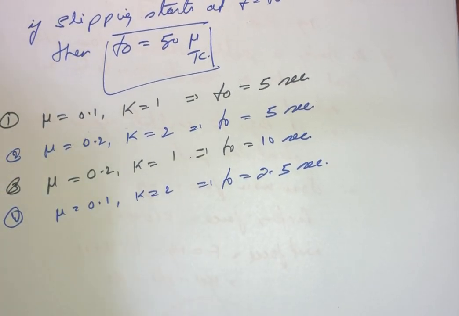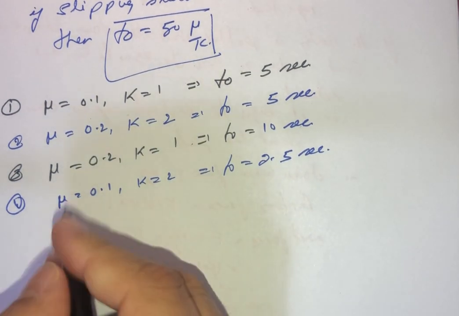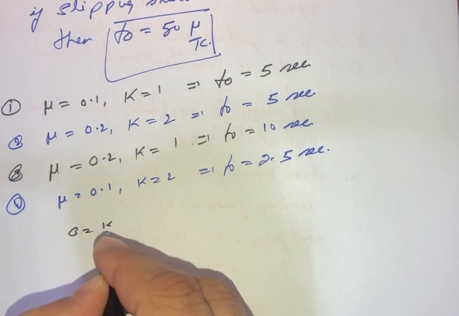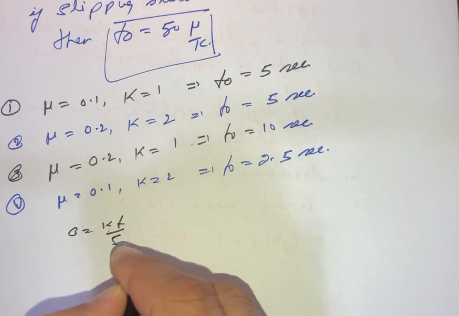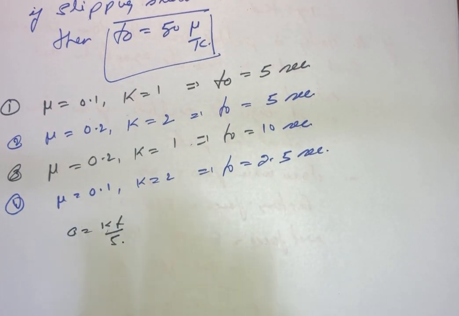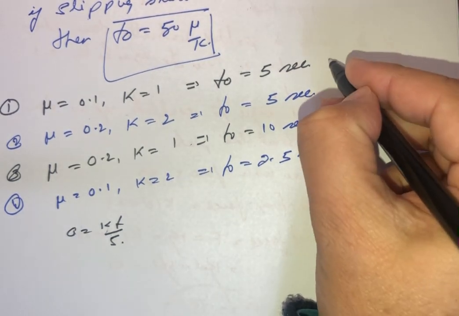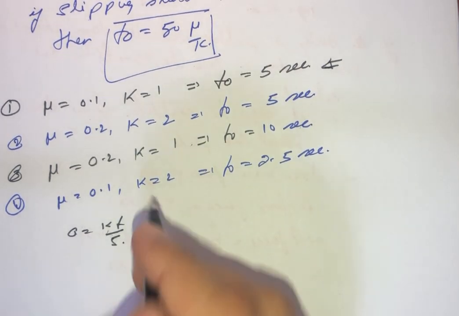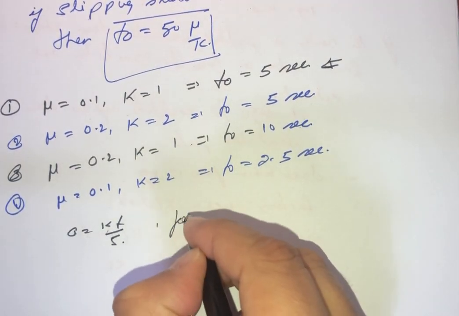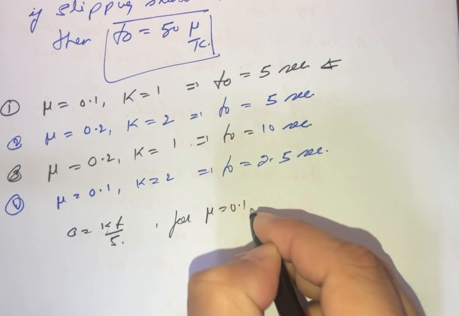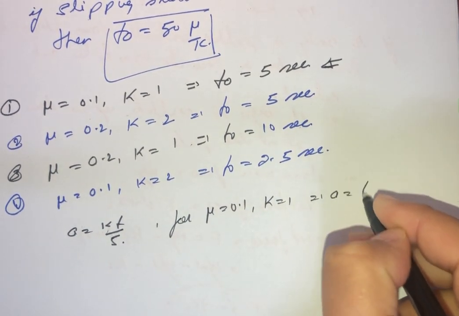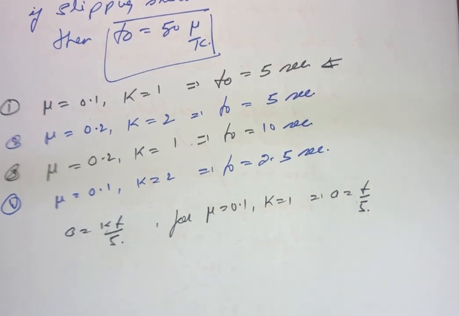We already know that the value of acceleration a is given as kt upon 5. So for mu equal to 0.1 and k equal to 1, our acceleration is equal to t upon 5.